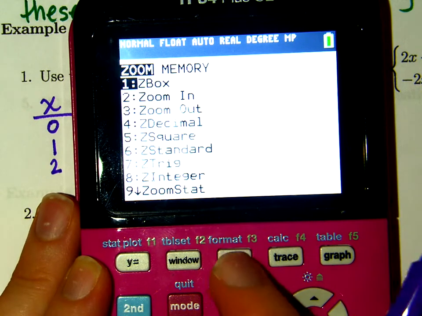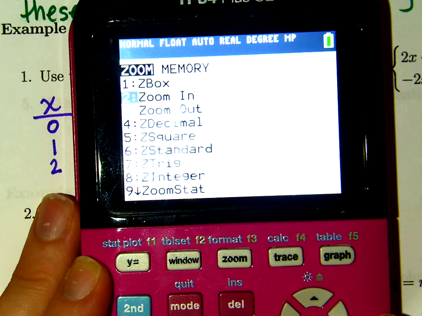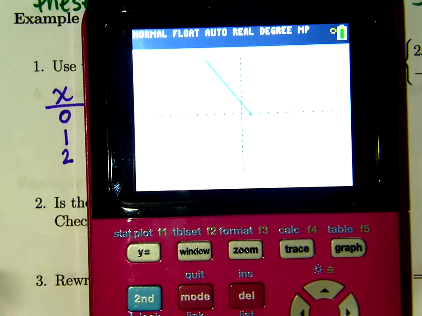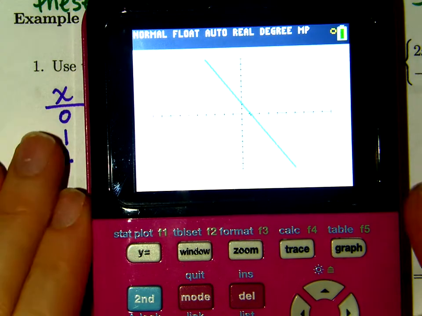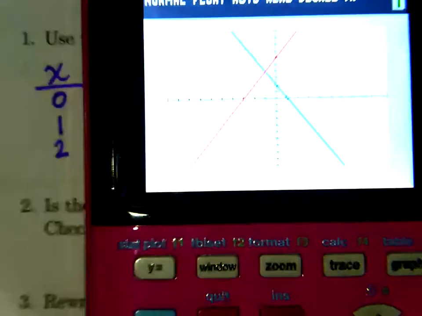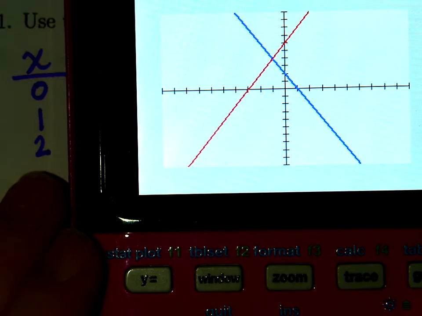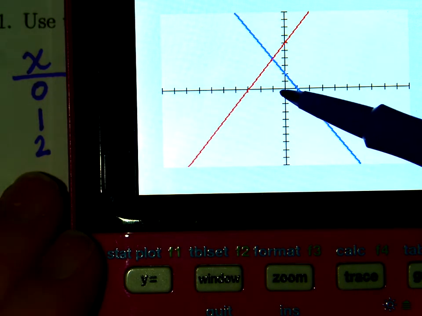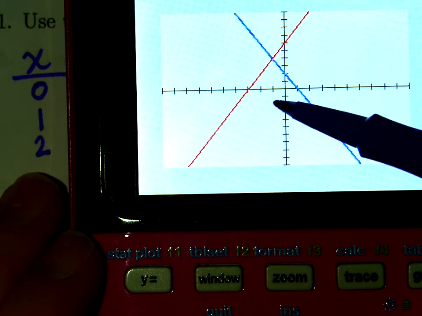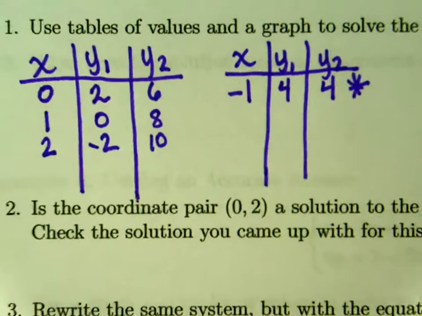And I'm going to go zoom, standard, enter, and let's see what kind of graph we get. All right, I see it. Ooh, look at that. When x is negative 1, they meet at 4. It agrees with us.